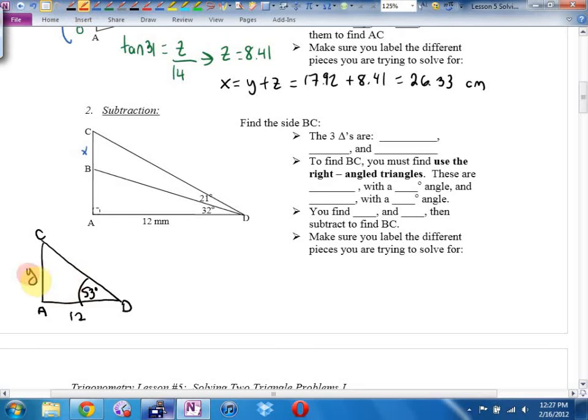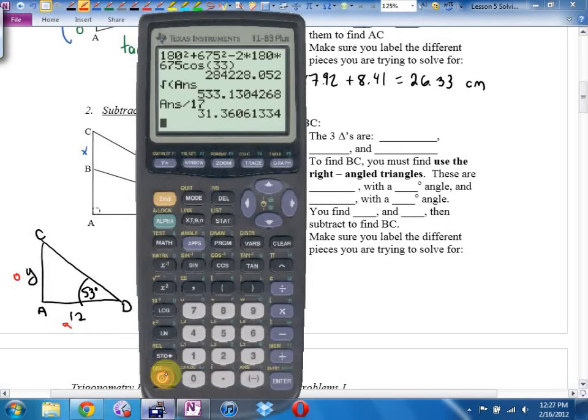Opposite, adjacent, or hypotenuse. Yep. How about here? Which trig function? Hey, find Y. Do you get 15.92?